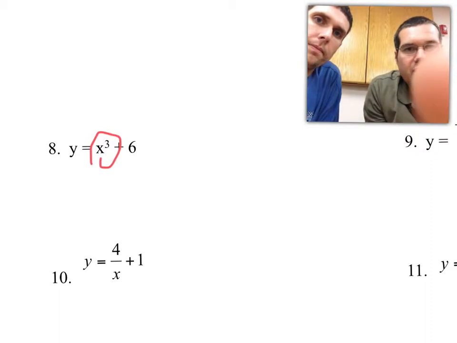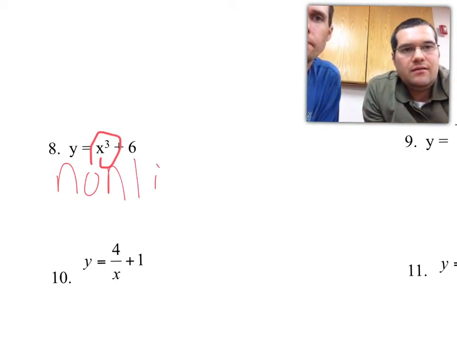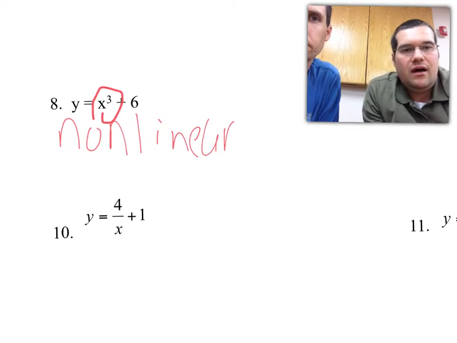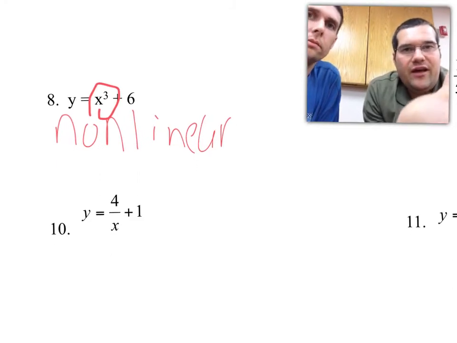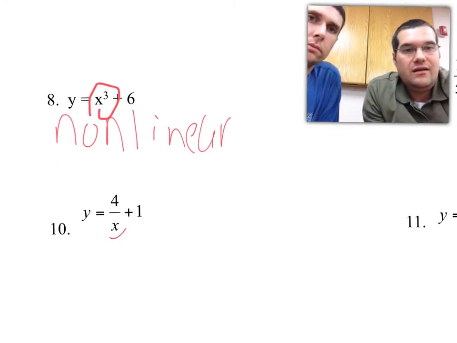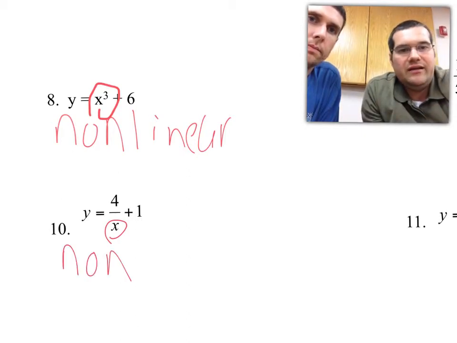So this is going to be nonlinear. When it comes to practice problem number 10, we can see that our x value is in a denominator. And whenever the x value is in a denominator, again, it's not going to be a straight line. So here, it's going to be nonlinear.